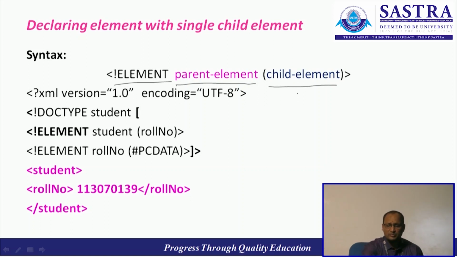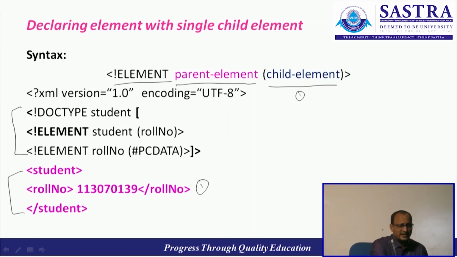Here I have mentioned only one child element. So in this slide I have shown how to define an element to carry only a single child element. This is an XML document which has the root tag as student, and it has only one child element. What is that? Roll number.